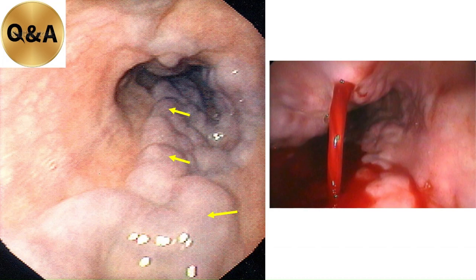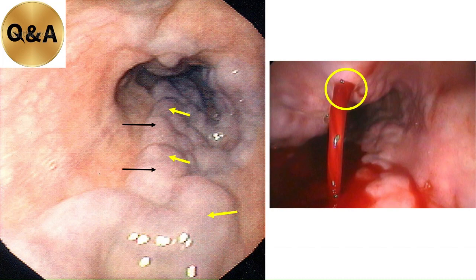Now, these veins are full of blood, and if they bleed, as happens in the right image, if they open, they bleed a lot, and this is an emergency case where you have to be treated very energetically, because the patient is going to lose a lot of blood.